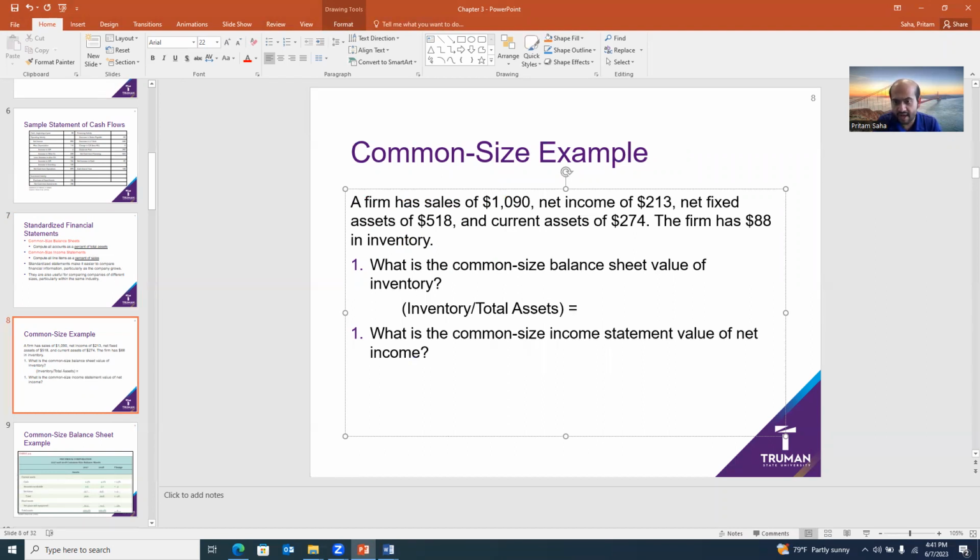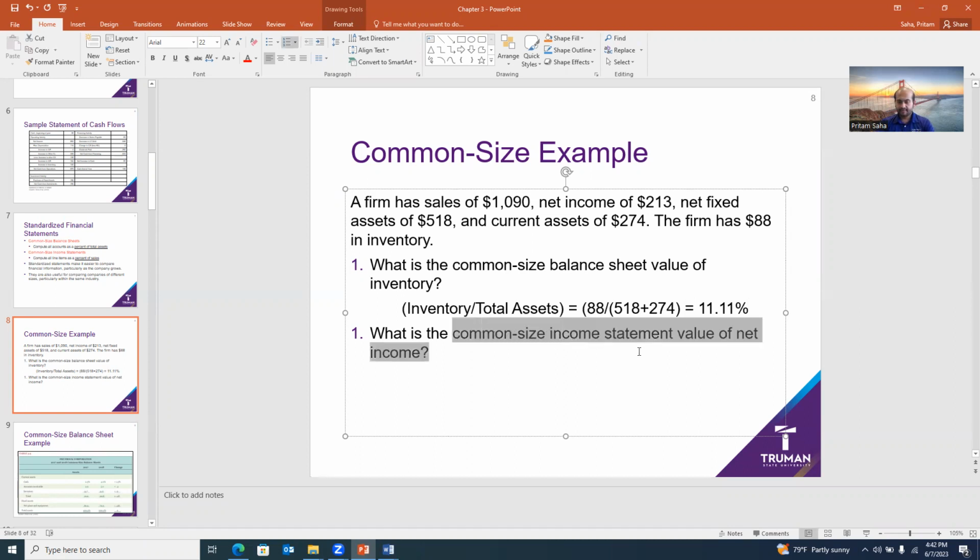The inventory value here is $88 divided by total assets, which is fixed assets plus current assets. It should be 518 plus 274. Just calculate it. I think it should be 11.11%. Makes sense. All the balance sheet accounts should be converted by total assets.